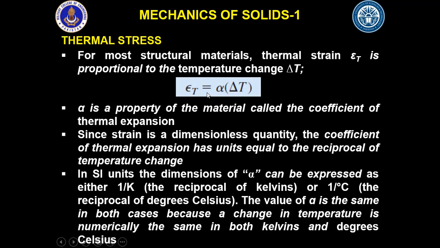Now, as strain is unitless and the temperature unit is centigrade or Kelvin, this alpha must have a unit that is inverse to the centigrade or Kelvin. So that centigrade divided by centigrade would be cancelled out, and the strain would be as unitless as it normally is. So the unit for alpha is the reciprocal of Kelvin, or the reciprocal of degree centigrade.